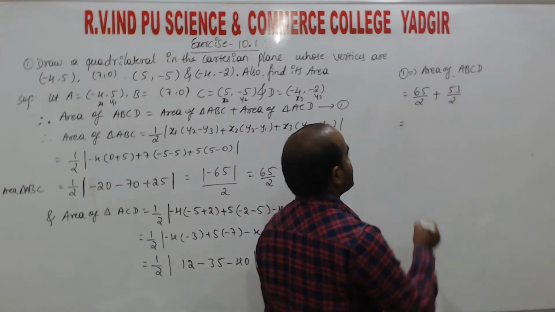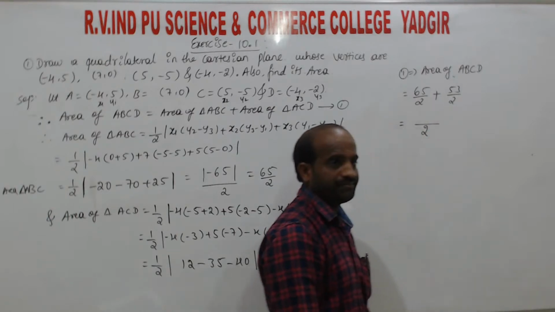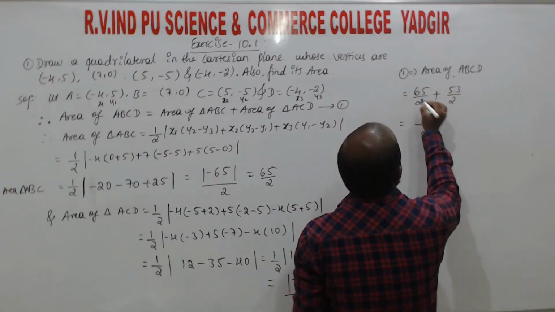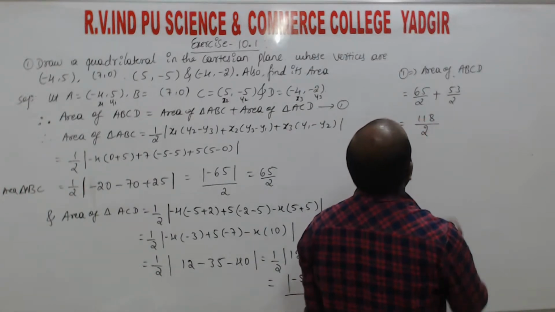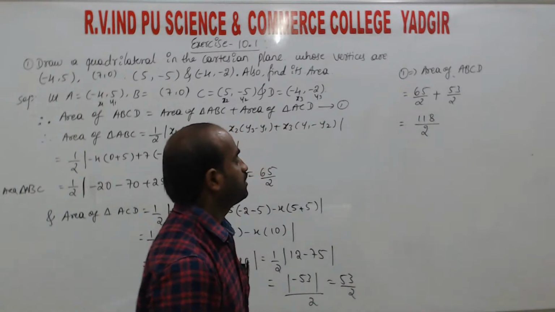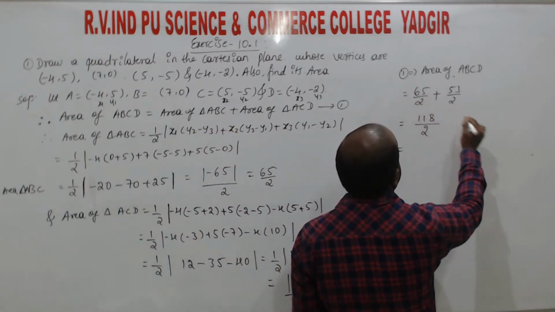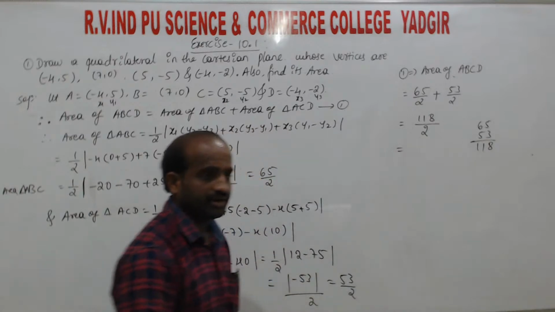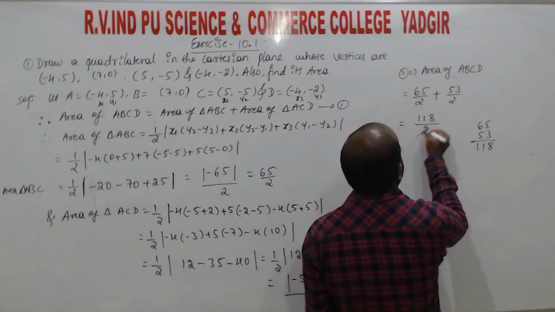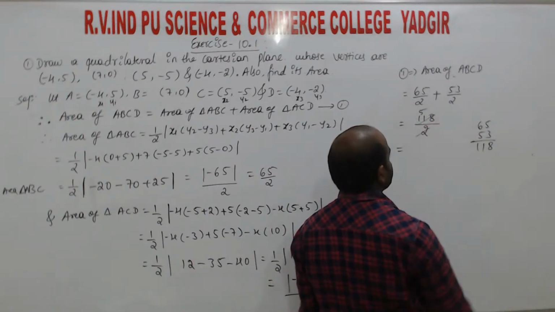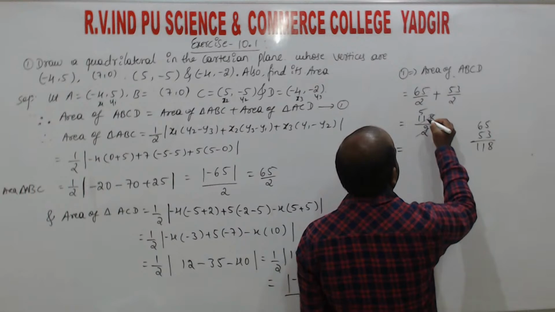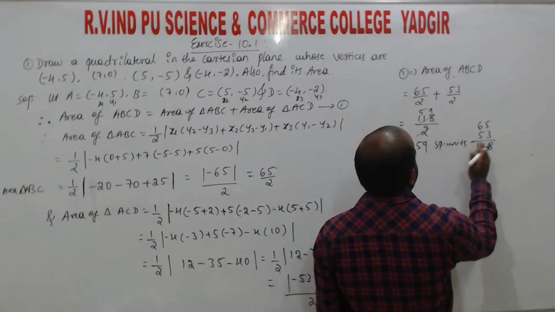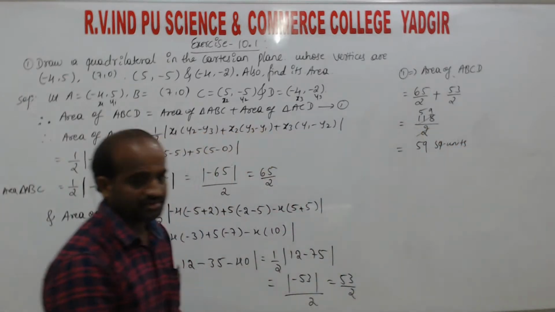Now we'll get 2 as LCM. 65 plus 53 is 118, divided by 2, cancel. We get 59 square units. Okay, this is the answer.